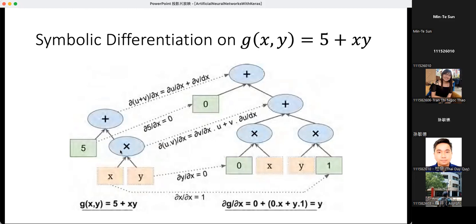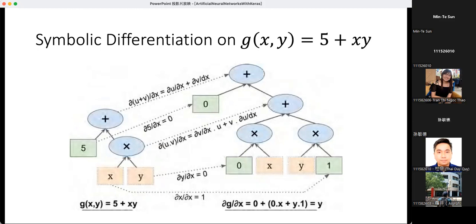When it's multiplication, we change it to a plus: the first term's derivative times the second term, plus the first term times the derivative of the second term. So basically you just replace each node using the rule that we just had. It's very straightforward as well.